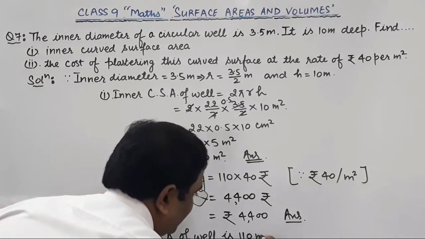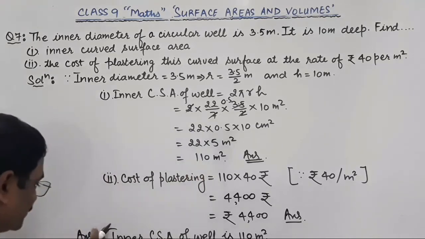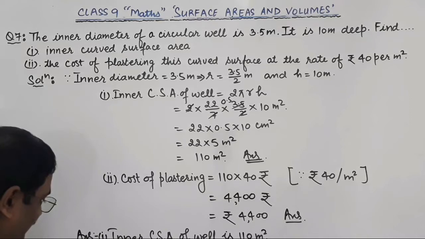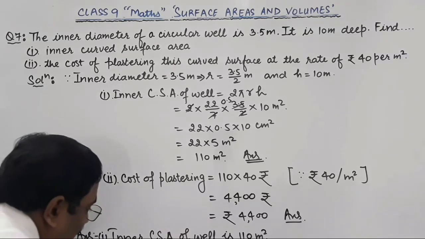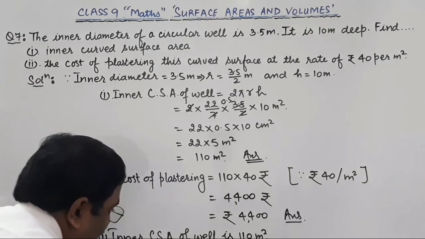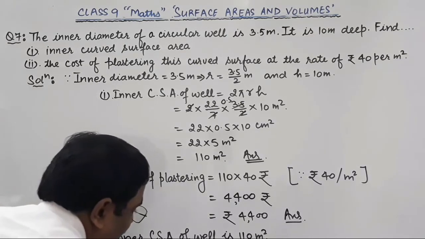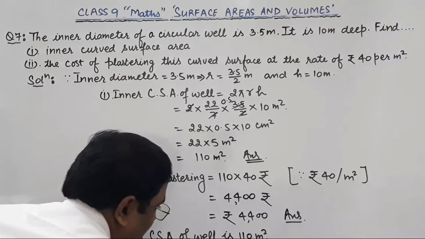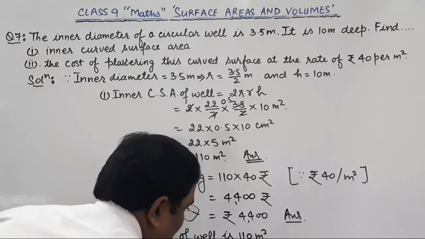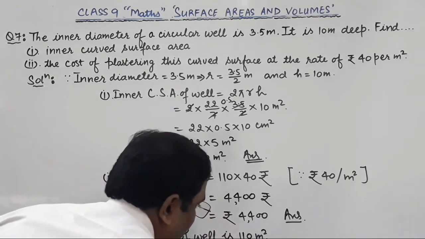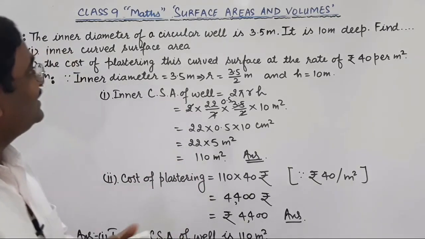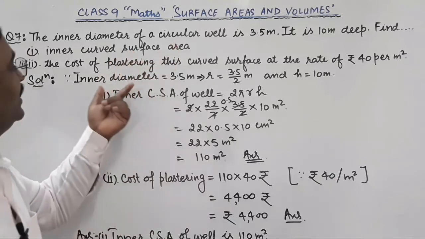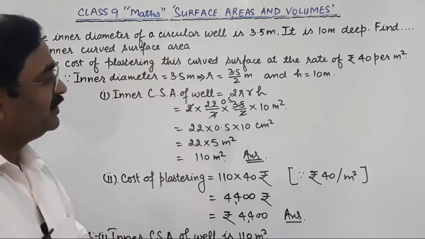And second, the cost of plastering is rupees 4,400.